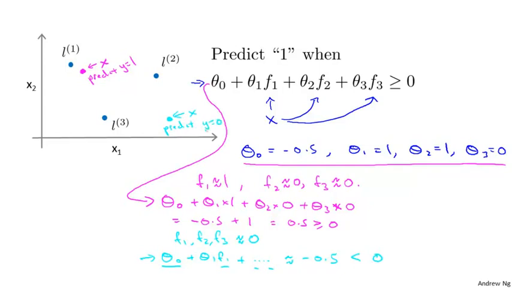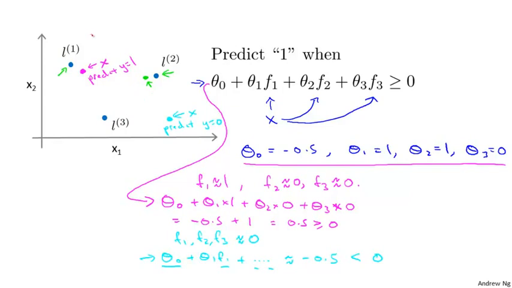And if you do this yourself for a range of different points, you should convince yourself that if you have a training example that's close to L2, say, then at this point, we'll also predict y equals 1. And in fact, if you look around this space, what we'll find is that for points near L1 and L2, we end up predicting positive, and for points far away from these two landmarks, we end up predicting that y is equal to 0.